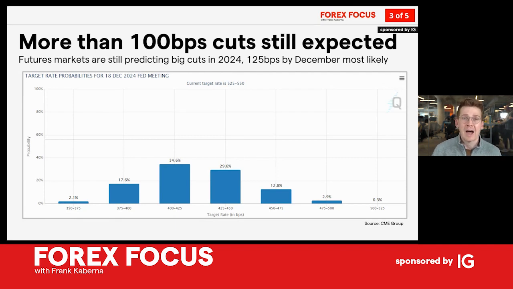So not looking like they're going to be lower by the March meeting, but by the end of the year, looking at about 100 to 125 basis points lower. So a little over a percentage point is the most likely outcome right now by the end of the year. That means going from around 5.25% where they are now, closer to 4% even by the end of the year.